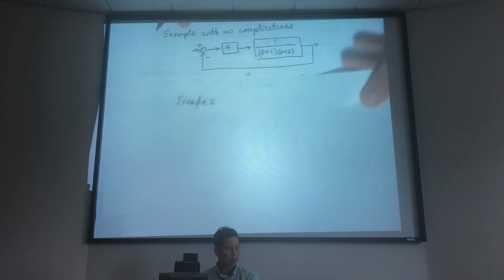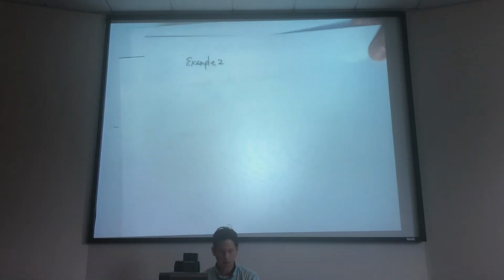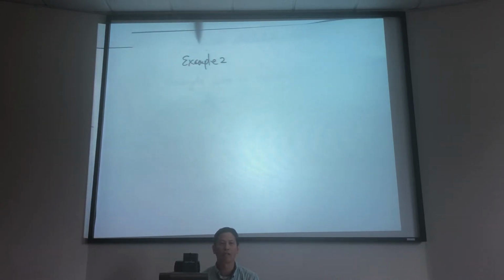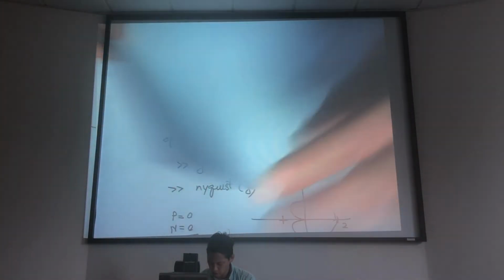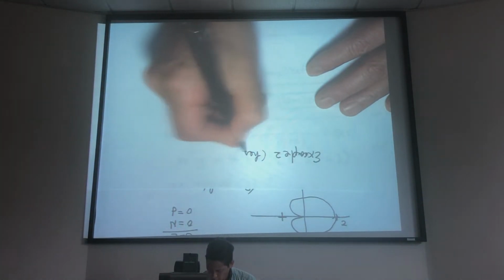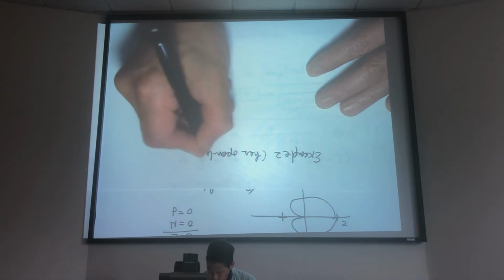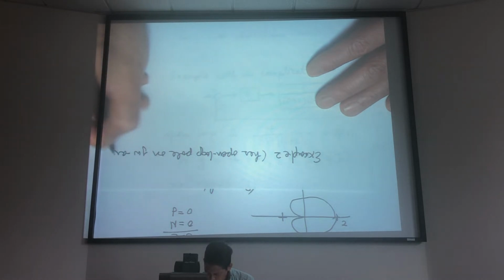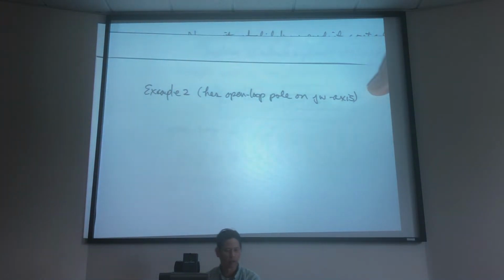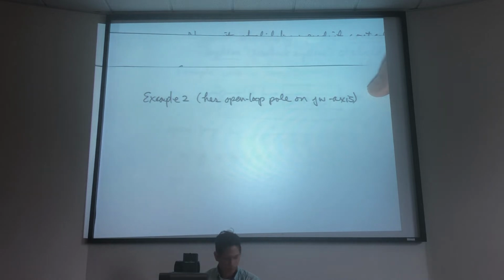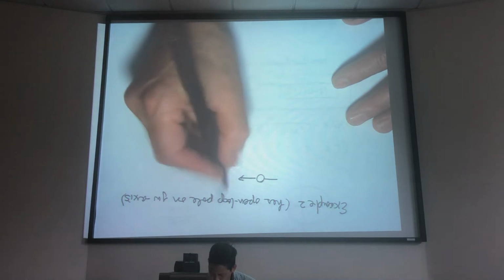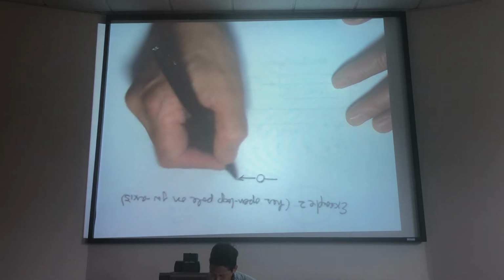This is going to be example number 2, and it's going to be complicated because it has an open loop pole on the imaginary axis. All right, so this is the system we're going to look at. It's very simple, but it illustrates a problem that we have.